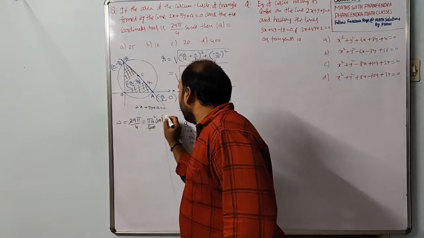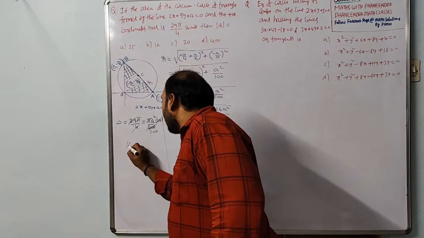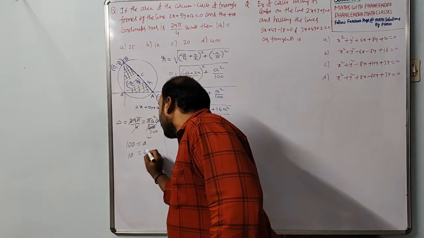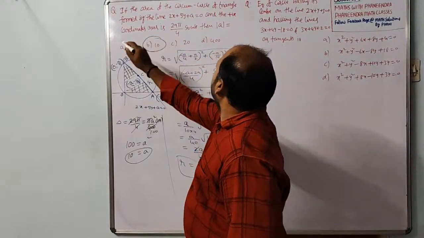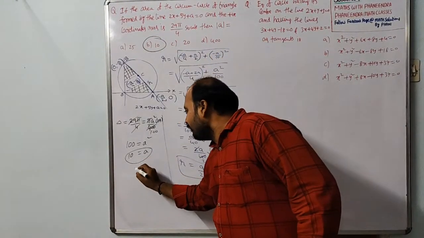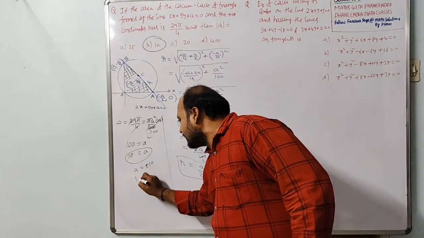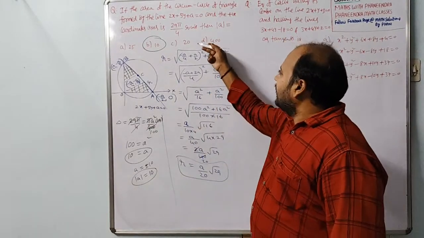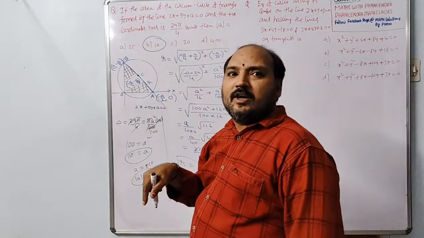Both sides 29 cancel, pi also gets cancelled. 4 ones are 4, 400s. So 100 is equal to a square. A is equal to what? Root 100, that is 10 only, no? That is positive 10. A is equal to 10, and it is there in the mod A. That means generally a is equal to plus or minus 10 will come. That plus or minus sign will become mod A. So mod A means that value is 10. This is there in the second option, dear students. This is the way you can go, you will get the answer easily.